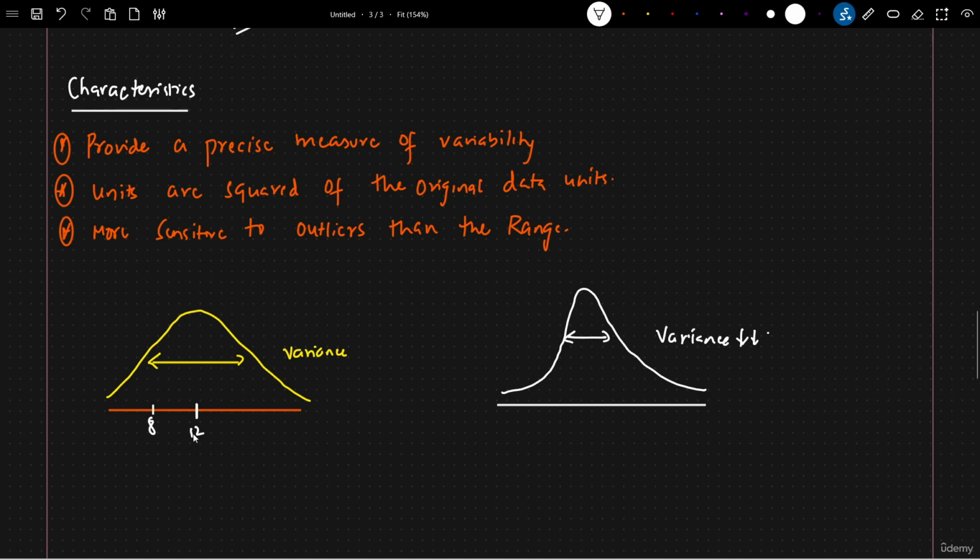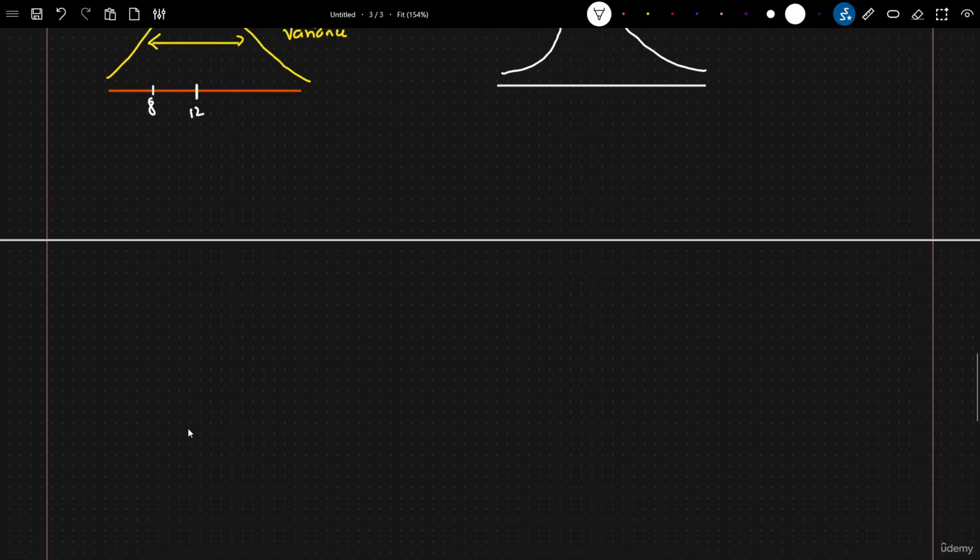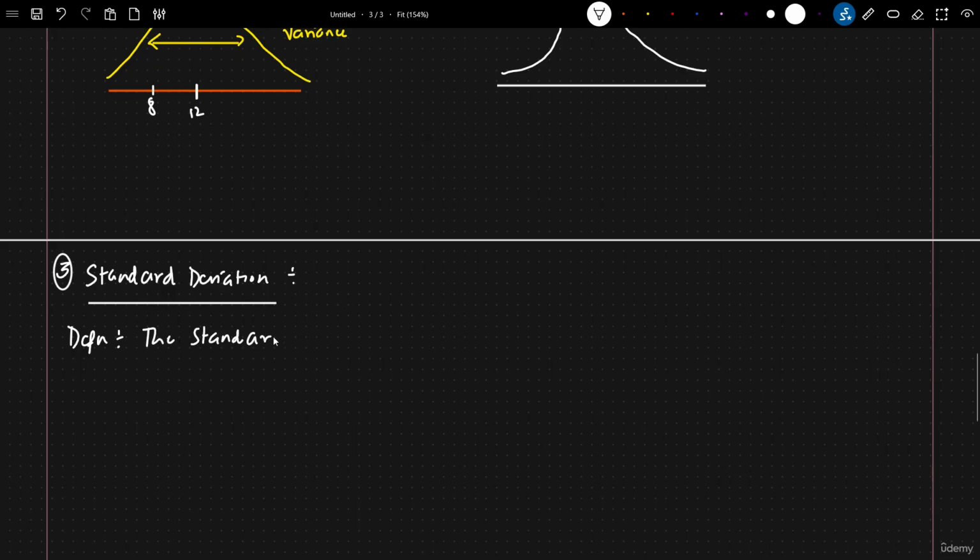So to calculate this specific information, the third technique that we use is something called standard deviation. The formula is very simple, whether you calculate population standard deviation and all. But first of all, let's go with the definition. The standard deviation is the square root of variance.